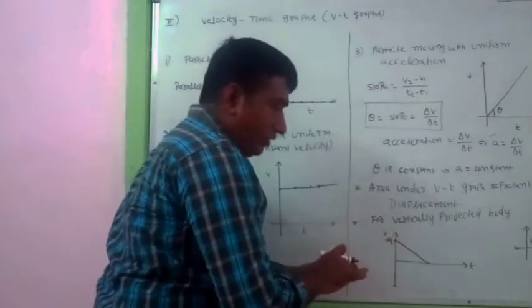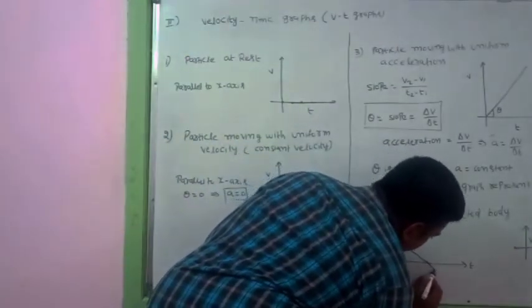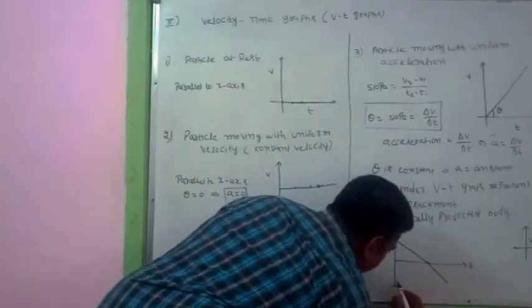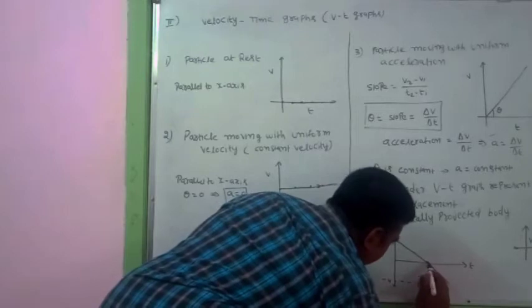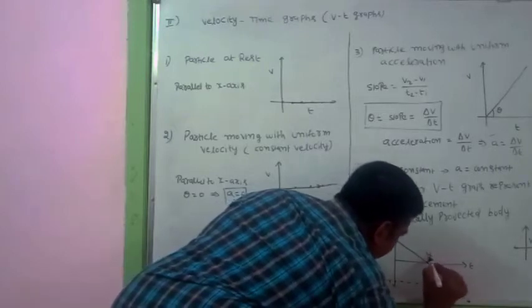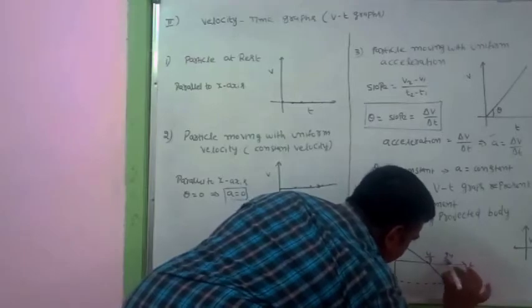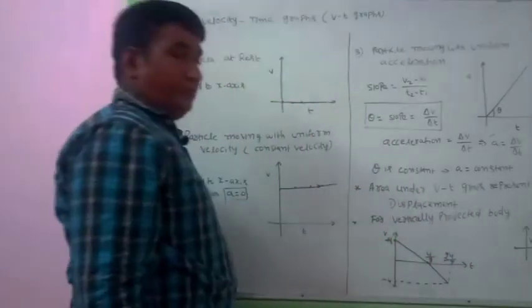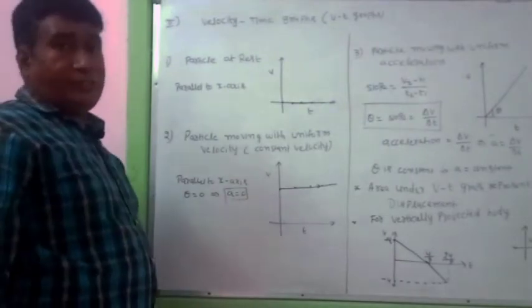Then again it comes downwards, so its velocity is increasing but in the opposite direction, that is minus u. From here to here we can take it as u by g, and from here to here as 2u by g. These are the graphs regarding velocity time.